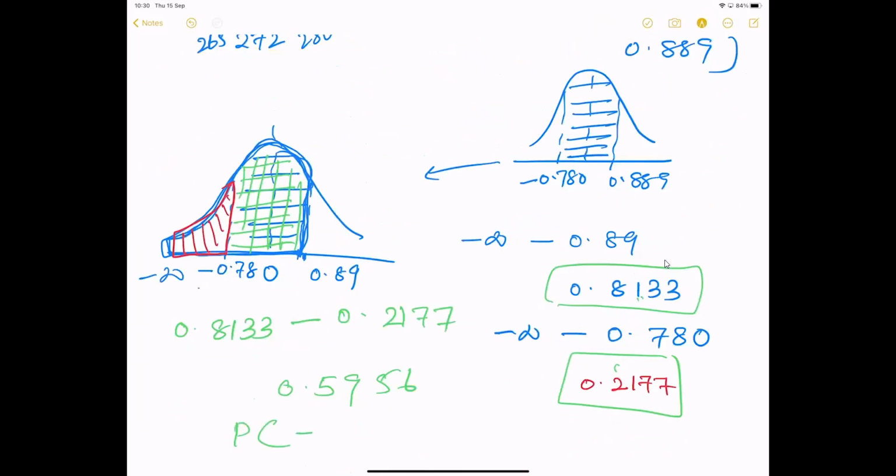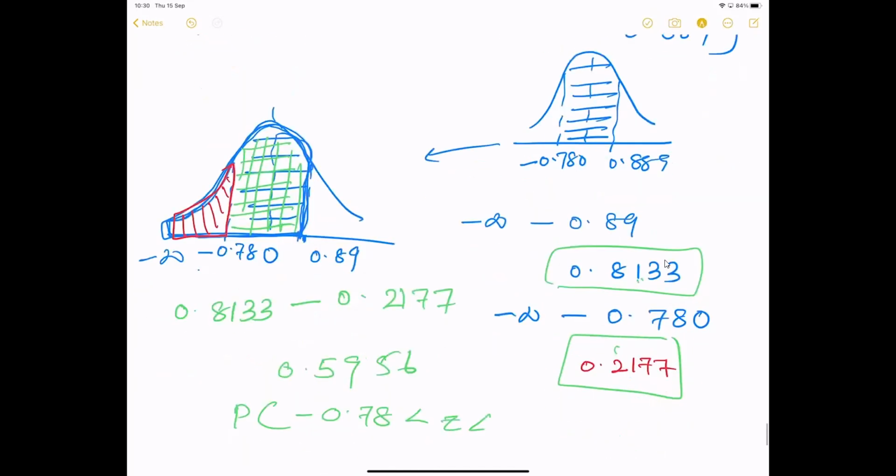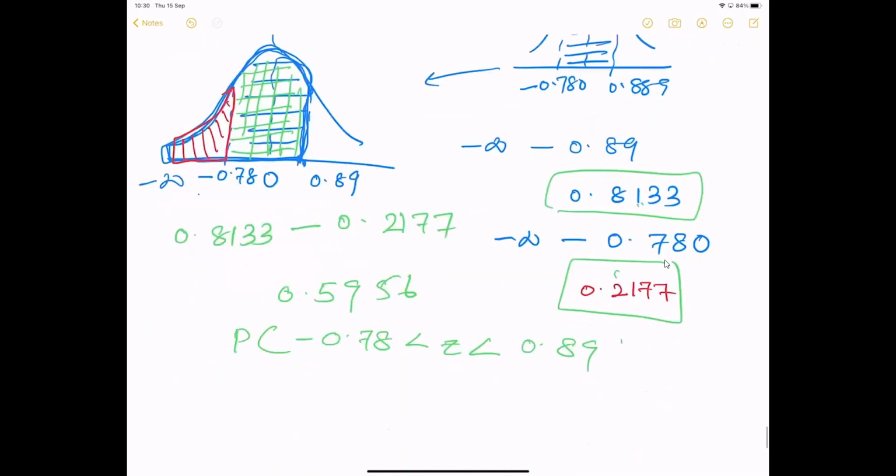Therefore, in such kind of situation, probability of minus 0.78 is at 0.89, no? 89 we want to find. So, if probability, sorry, not x, that is z.